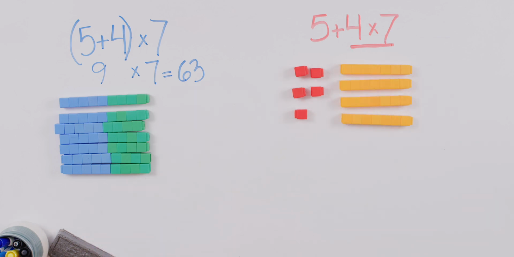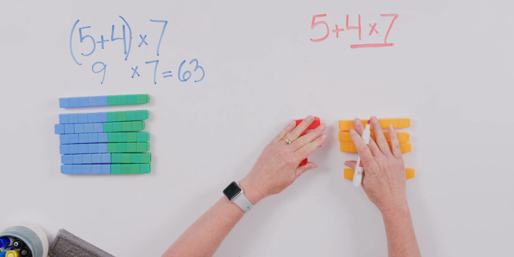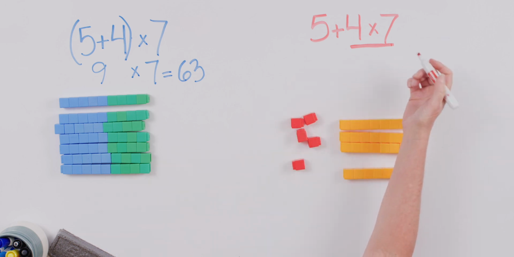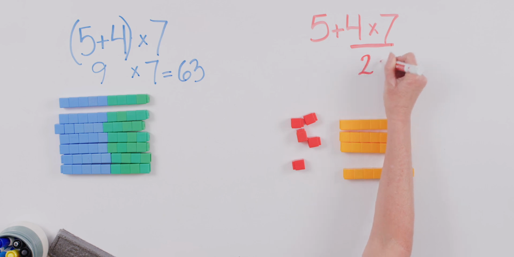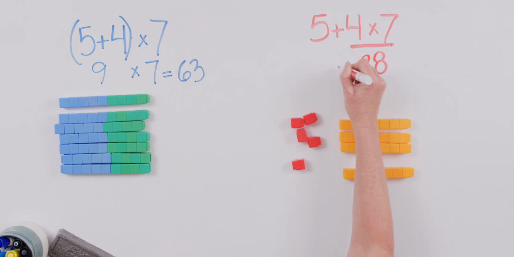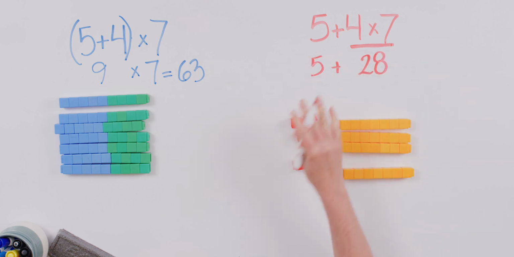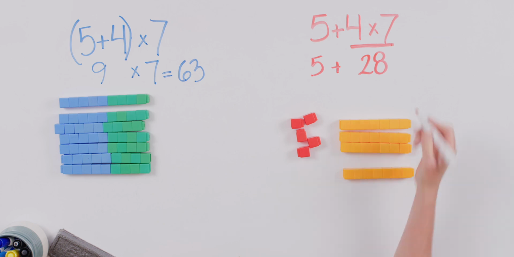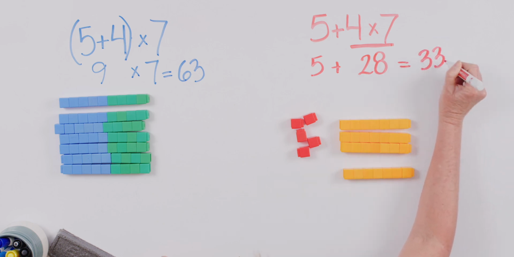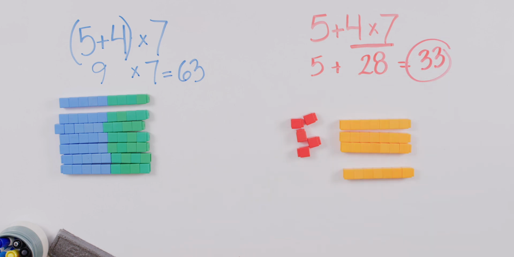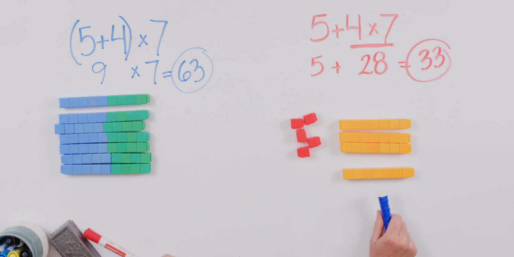With this one right here, I would multiply my 4 and my 7 first. What's 4 times 7? Great, 28. And I'm going to still add my 5 extras over here to my 28, and I'll get, great, 33. So we have 2 very different answers. So again, just to explain how important it is that we all follow these same rules of order of operation.